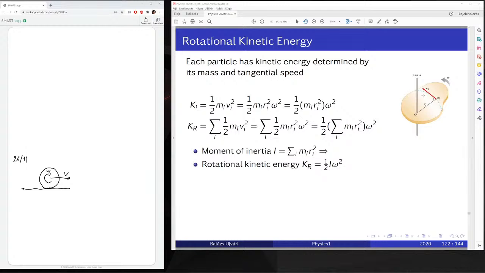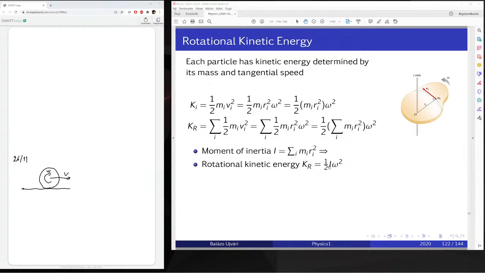Instead of only 1 over 2 m v square, which is true for the kinetic energy of the translation, we have to introduce the moment of inertia to describe the rotational kinetic energy as easily as it was in the translation.